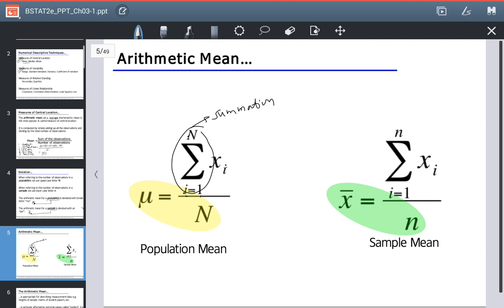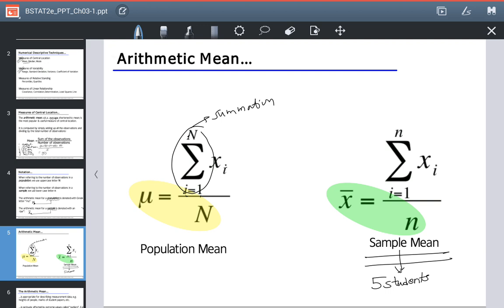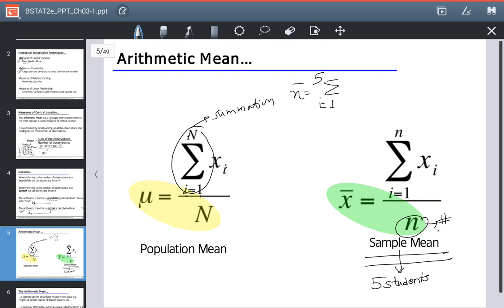Okay, let's go back and try to understand this notation. And again, the thing that's valid here is the sample mean, not the population mean, because this is a small sample of 5 students that we have taken. Okay, so if you want to calculate that, what the summation means is x bar is summation of I varies from 1 to n, where n is the number of observations. Here in our case we have only 5 observations in the sample, so n equals 5, and xi over n is again 5.